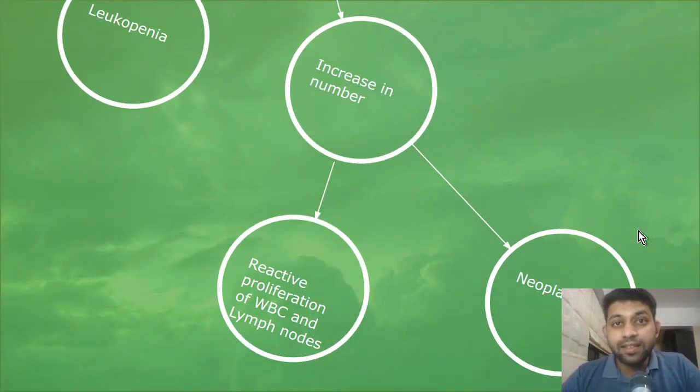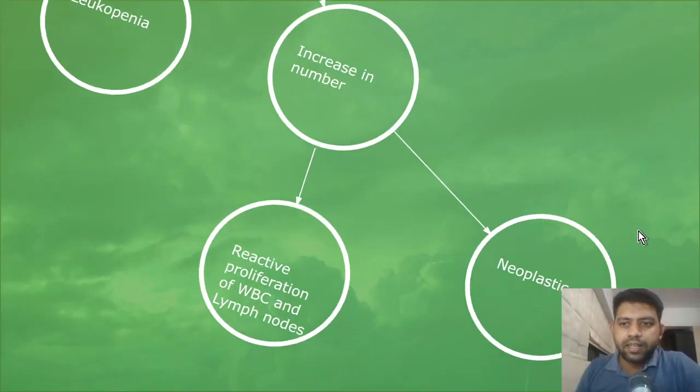An increase in number can be due to malignancies or just a reactive process. So here you can see I've written reactive proliferation of WBC and lymph nodes. We'll see why it is like that.